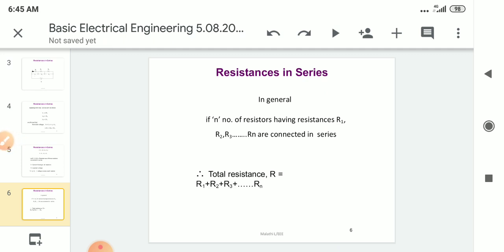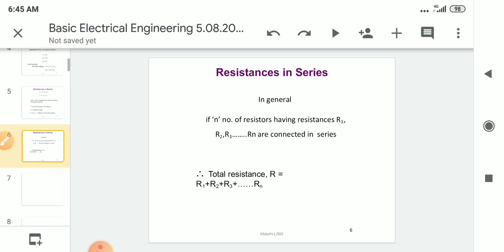Finally, the total resistance is the sum of the individual resistances. This is the conclusion about our resistances in series. We learned this and did some numerical problems in our previous classes.